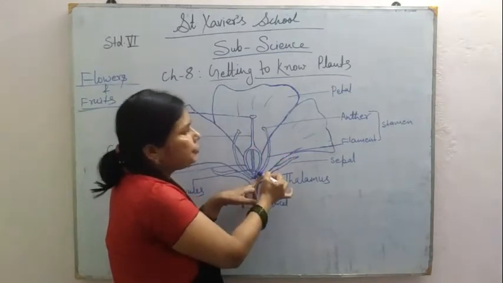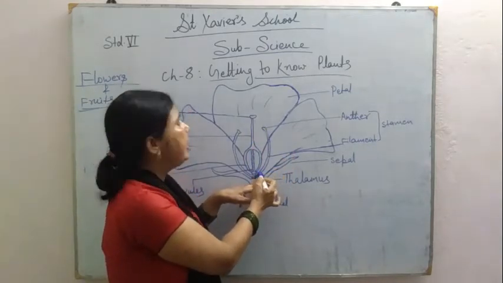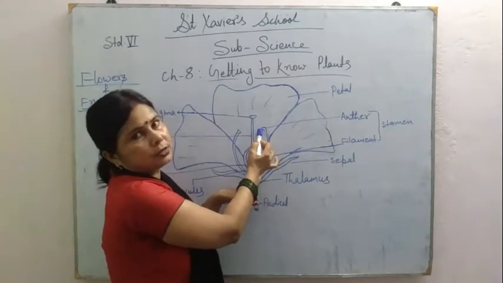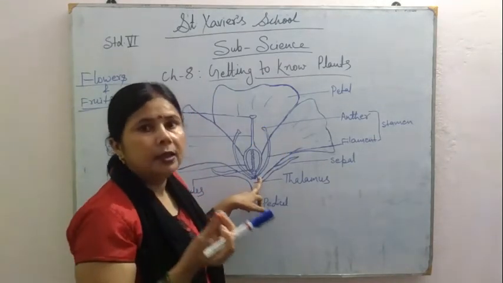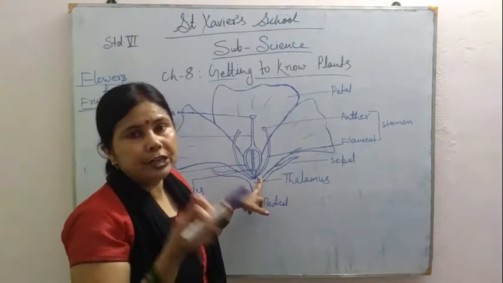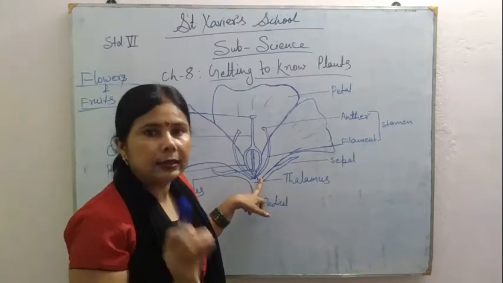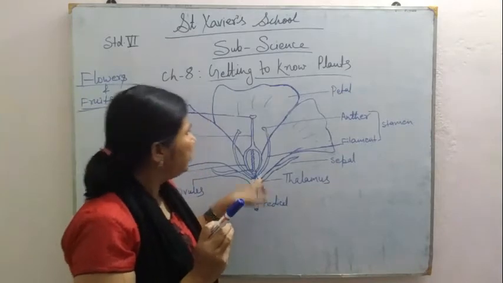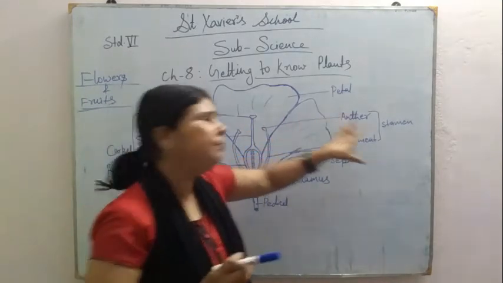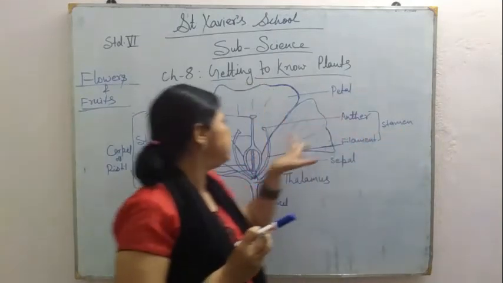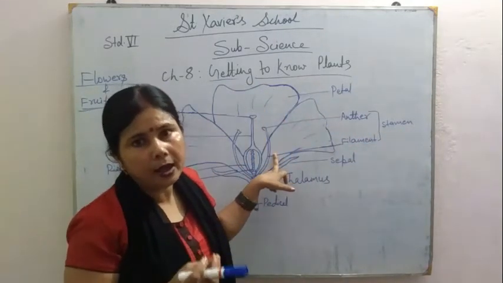This tube-like structure is called filament, and the bag-like structure is called anther. And this anther contains pollen grains which take part in pollination. Okay children, so anther and filament unite together to form stamen, and this is the main part of a flower.